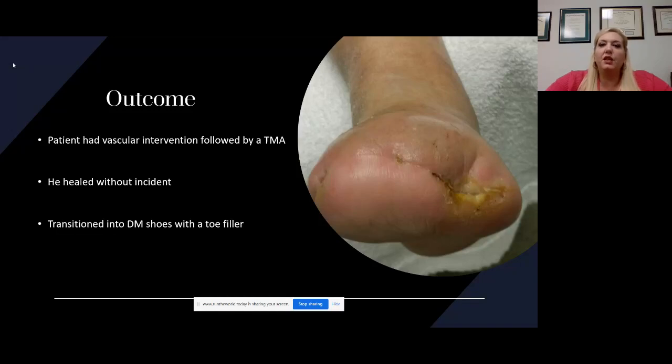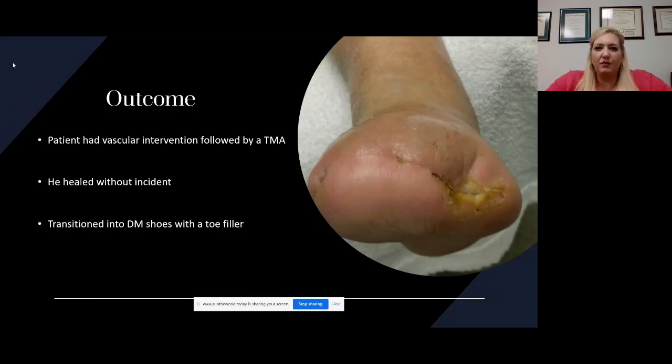And I think it's really important, once you get a patient to heal, a patient that has uncontrolled diabetes, has neuropathy, has previous gangrene or infection or ulceration, and you finally get him healed, now you have to ask yourself, now what? Because these wounds tend to come back.